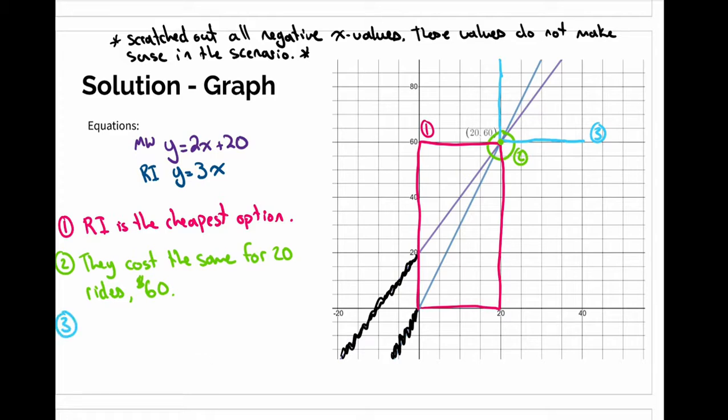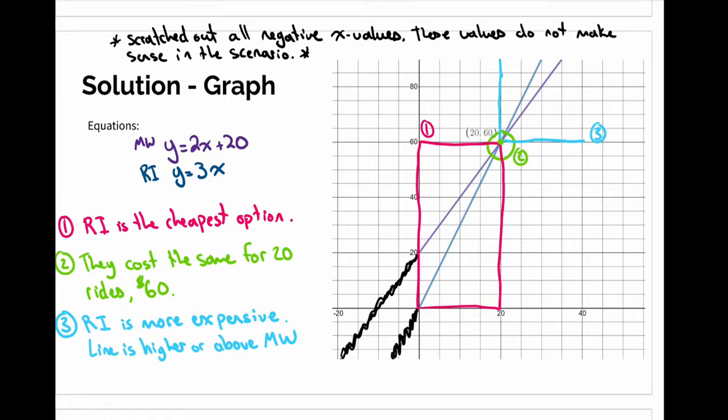In the 3rd section, so everything after point 2, Radical Island is more expensive, and we see that because the line is higher. So Radical Island is more expensive, line is higher or above Mathemagical World.